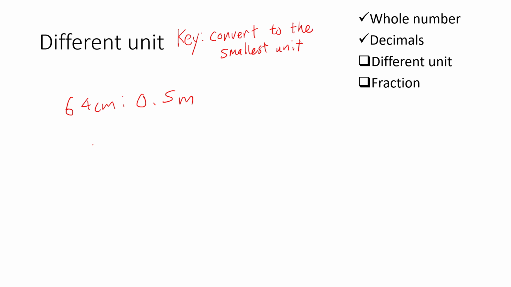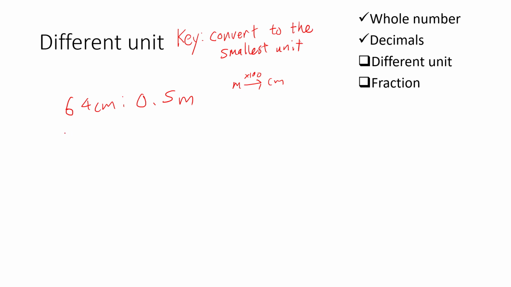Now, 64 is in cm, 0.5 is in meter. Which one is the smaller unit? Cm is smaller than meter, so I will have to convert meter into cm. So meter into cm, I need to multiply by 100 because 1 meter is 100 times longer than 1 cm.